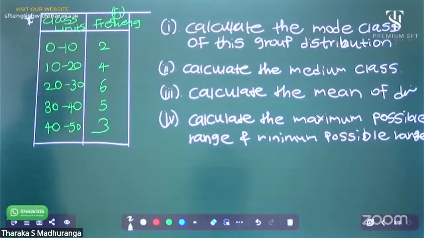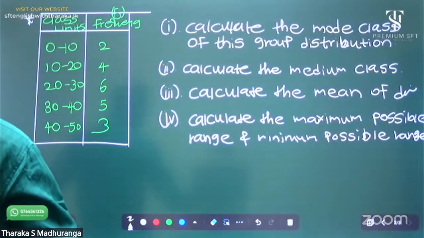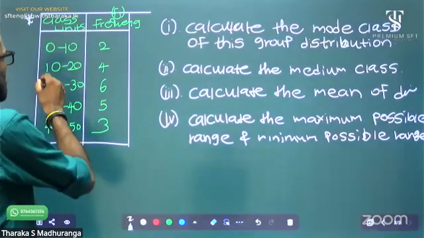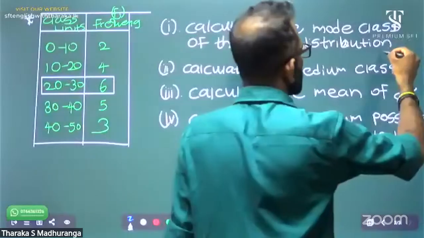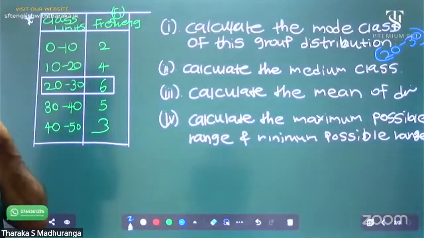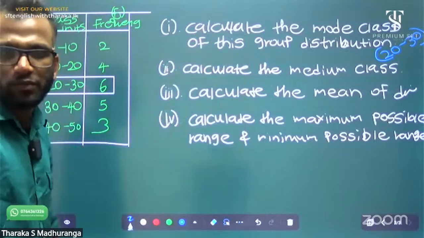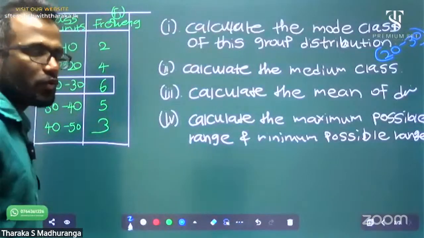Tanya? What's the mode class of this distribution? Yes, 20 to 30. This is the mode class, the most frequent class. 20 to 30 is the answer. The mode value is between 20 and 30. We don't know the exact value. It can be 20, 21, 22 or whatever. Between this class, we don't know.